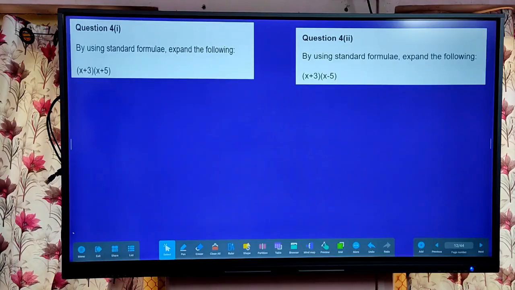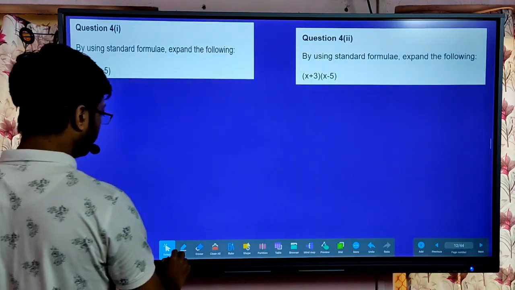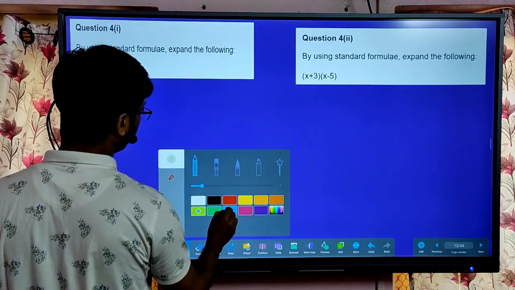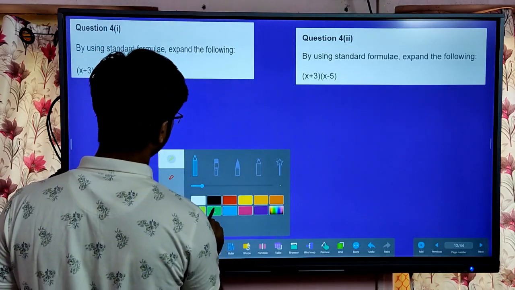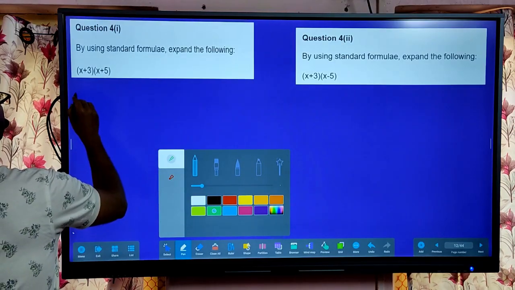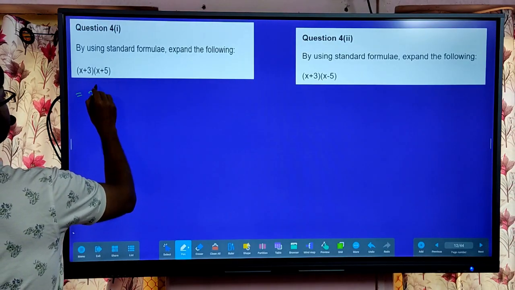Now let's do this problem by using the formula that we learned just now. So it will be x plus 3 into x plus 5. The first term will be x square.